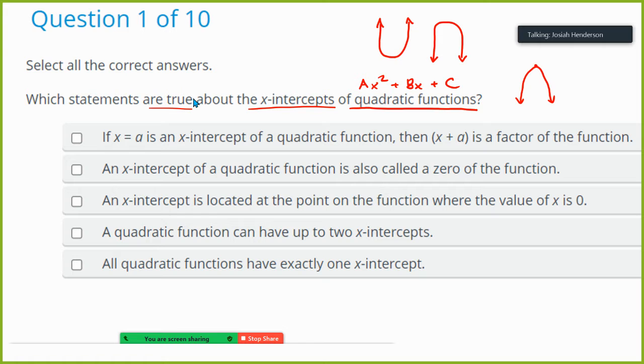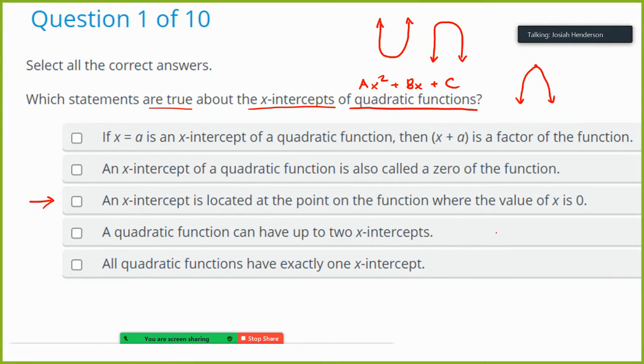So take a minute and tell me if you feel comfortable speaking to any of these, please. Can't you eliminate that an x-intercept is located at the point on the function where the value of x is 0? Yes, we can eliminate that.